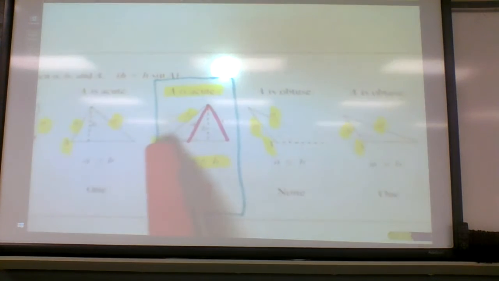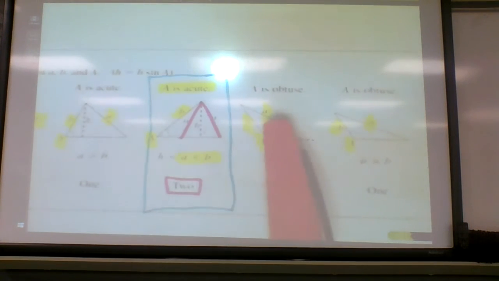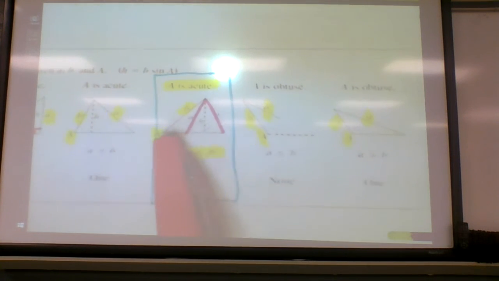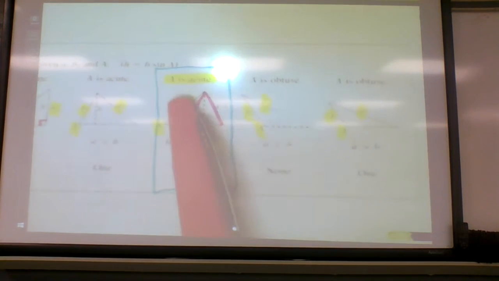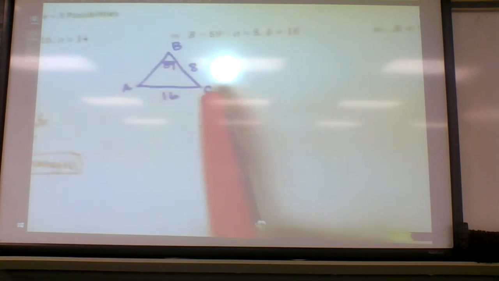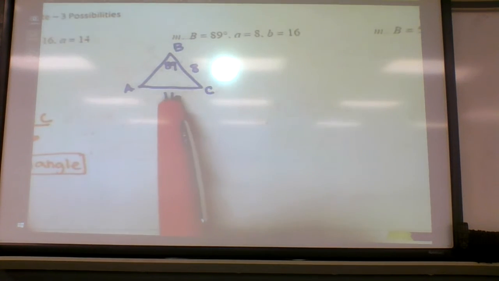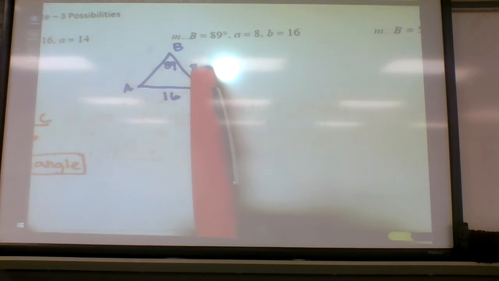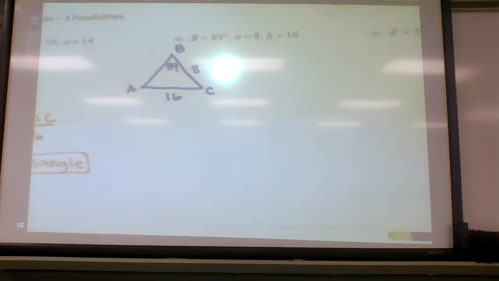So going back to the option, whatever angle you have is the side across from it smaller than the other side. So the angle that you have, the side across from it, smaller than this one. So back to our triangle, the angle that we have is this side smaller than this one? No, so this is just a 1-solution triangle.